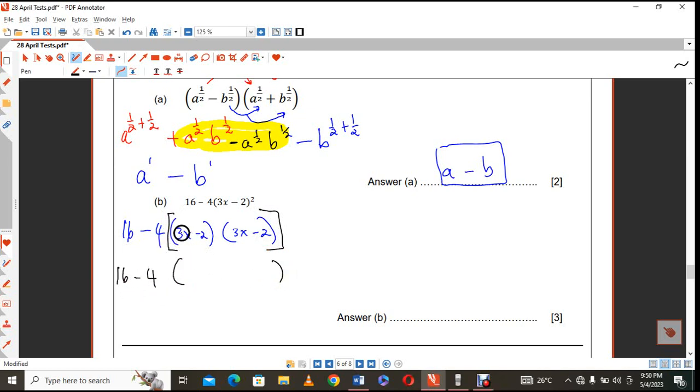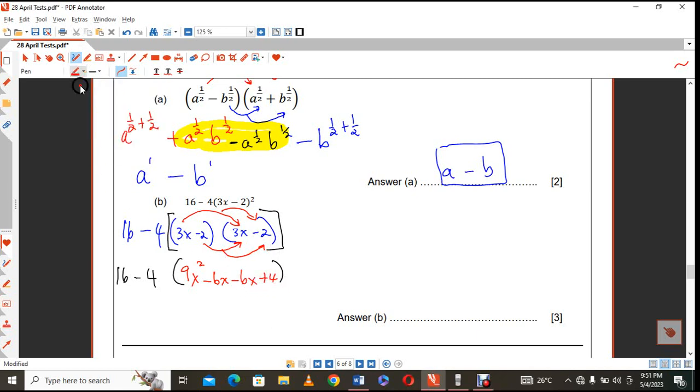Also note how I'm using my brackets. Of course, this is going to give you 9x squared, because that is 3x times 3x. And here you have got 6x, so it's minus 6x. And if you do the same here, you get minus 6x. And a negative and a negative gives you a positive 4.